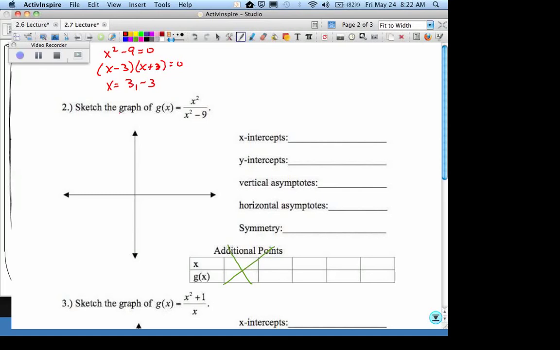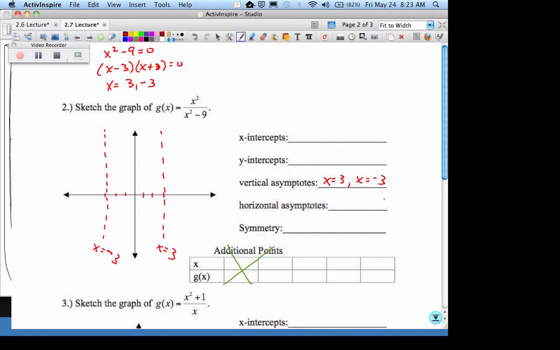No. So those are going to be vertical asymptotes. So 3 and negative 3, whether you label on the graph or put it over in the table above. So what are you going to do next?